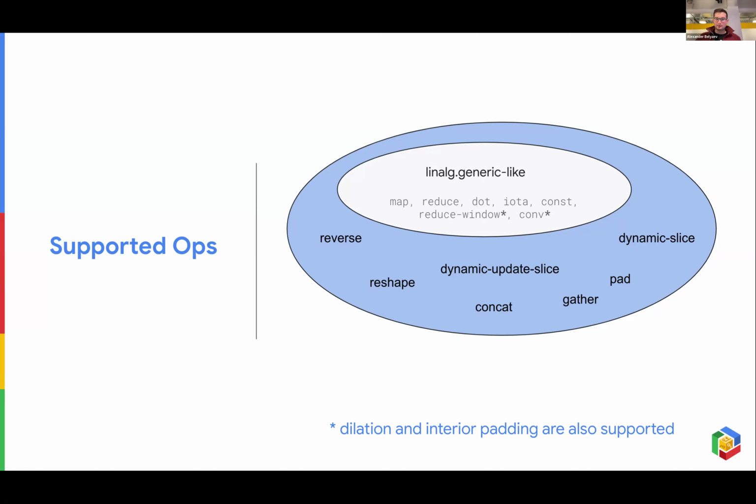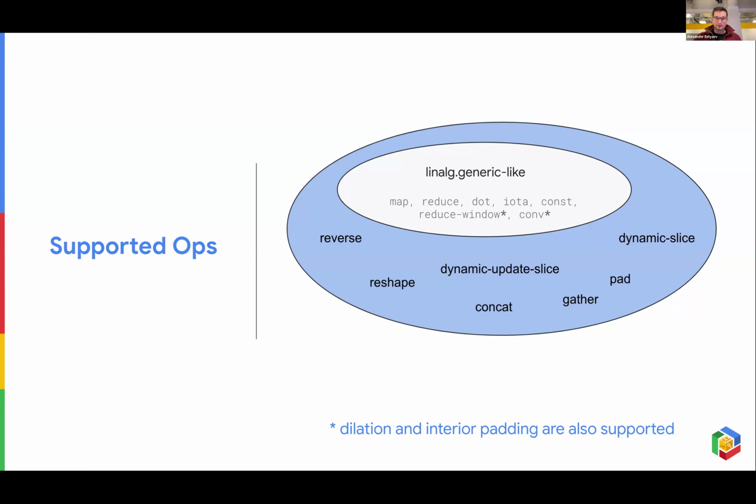For example, reduce window and convolution cannot be completely modeled, because reduce window can have a dilation or some weird options that require interior padding, and right now that cannot be modeled by Linalg generic.